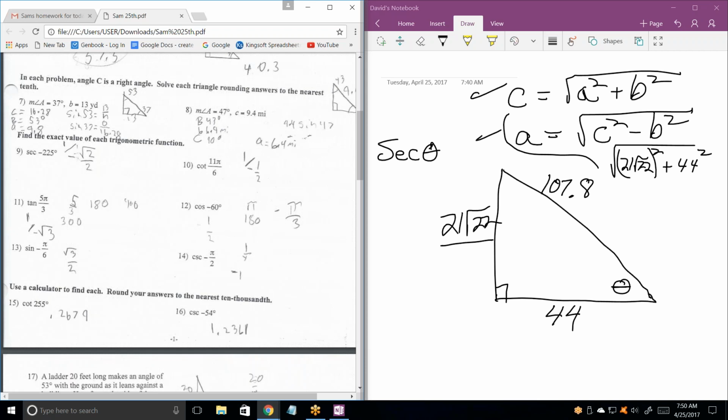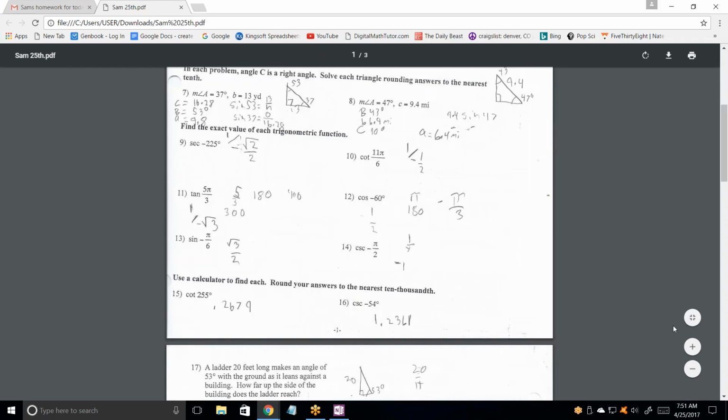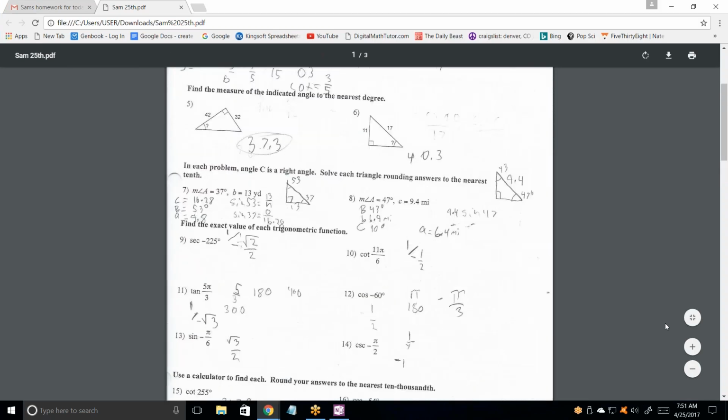If you're going to draw a picture like you did, make sure you label it A, B, and C. Because otherwise I have a hard time following what's going on. Here, let me figure out how to blow this up a little bit.